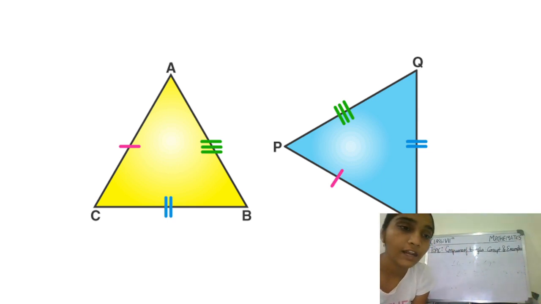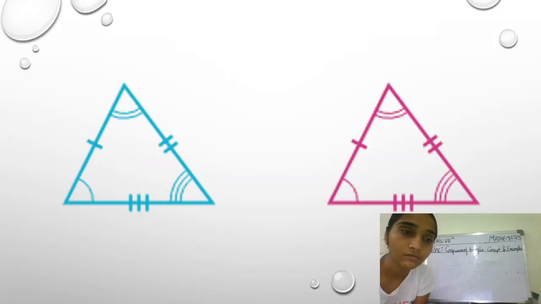And what about over here, students? Yes, along with the sides there are some angles in these two triangles. From them we can see that this angle is equal to this one, and this angle is equal to this angle, and the one marked with three curved lines is equal to this angle of the other triangle.